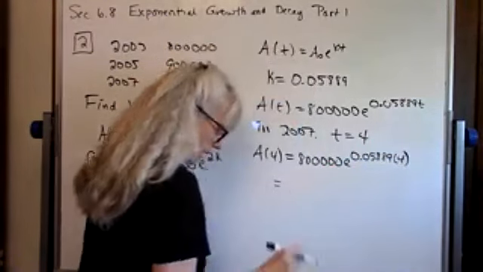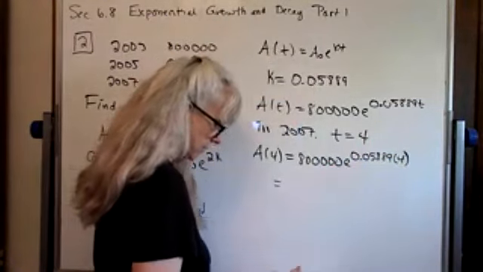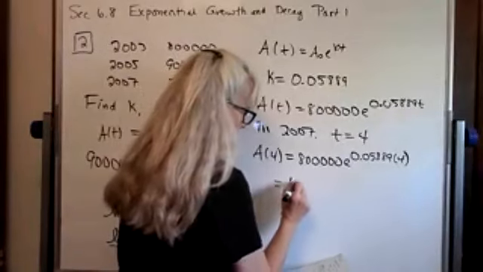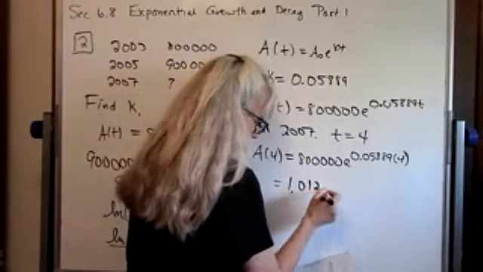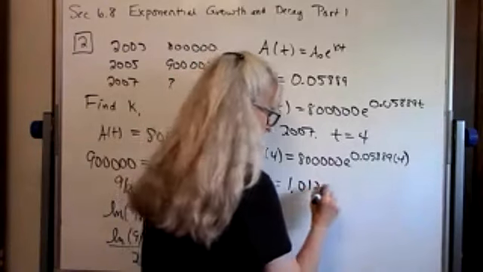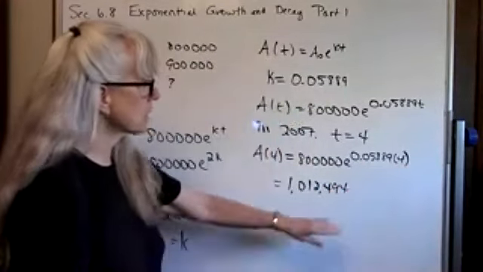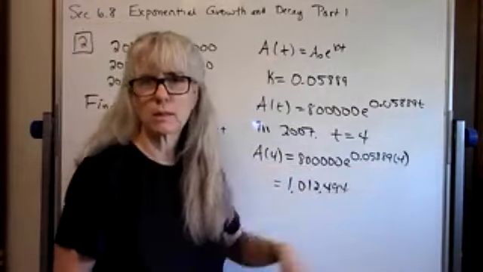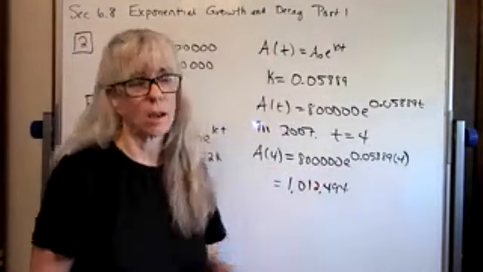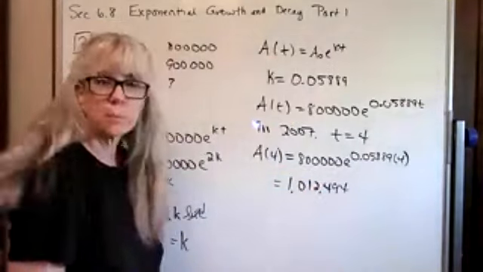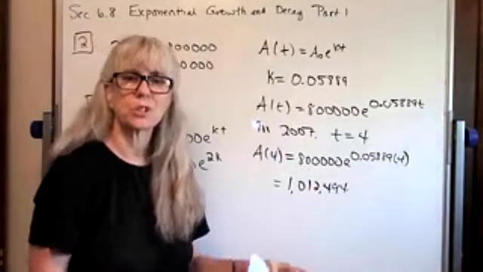Straight plug and check on the calculator, and you end up with something fairly large: 1,012,494 if I round to whole people. If you're getting a number slightly different, it's because you used different decimal places on that 0.05889. Okay, and those are both examples of exponential growth. The population is getting bigger.